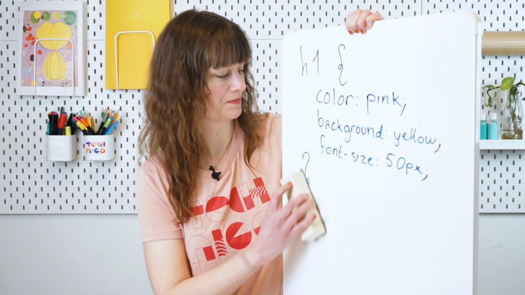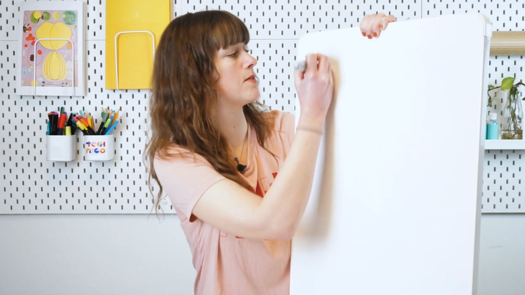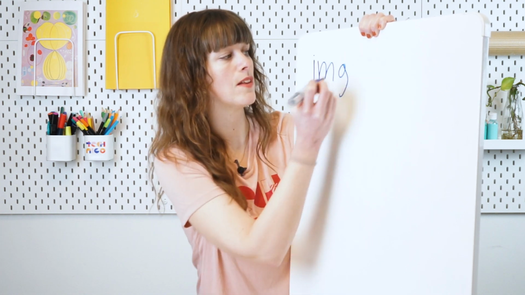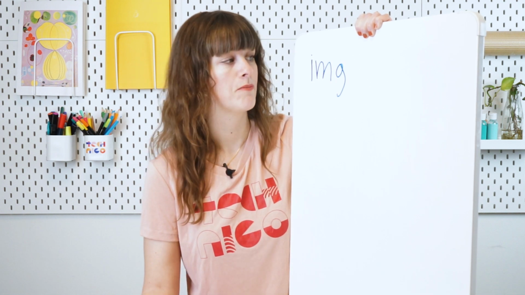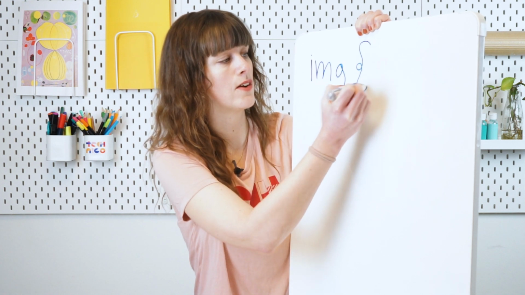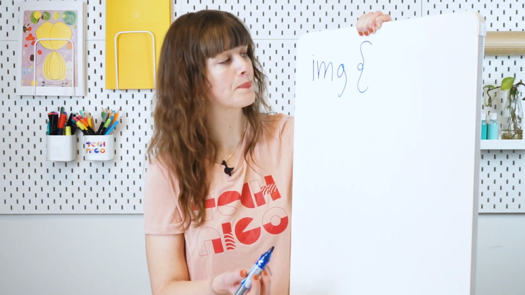I'll erase this. Okay, a lot of images are really big. So two properties that can come in handy when it comes to images are width and height. Let's begin with writing the selector image. This is the same as the actual HTML tag, so img for image, and then a curly bracket to open the code block where we will write the rules.